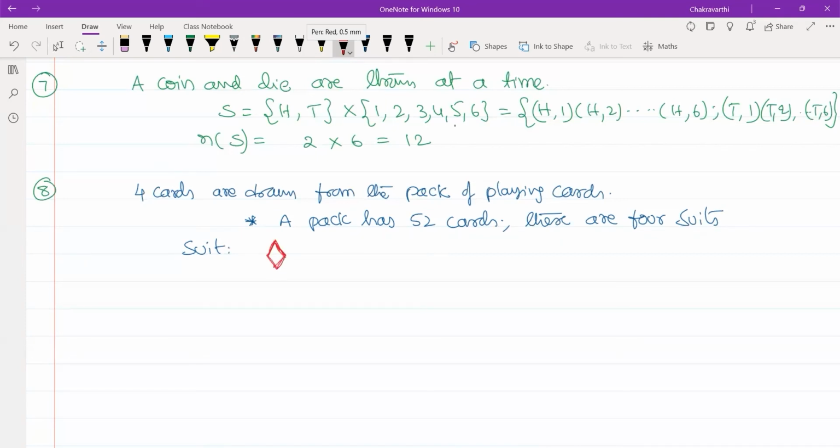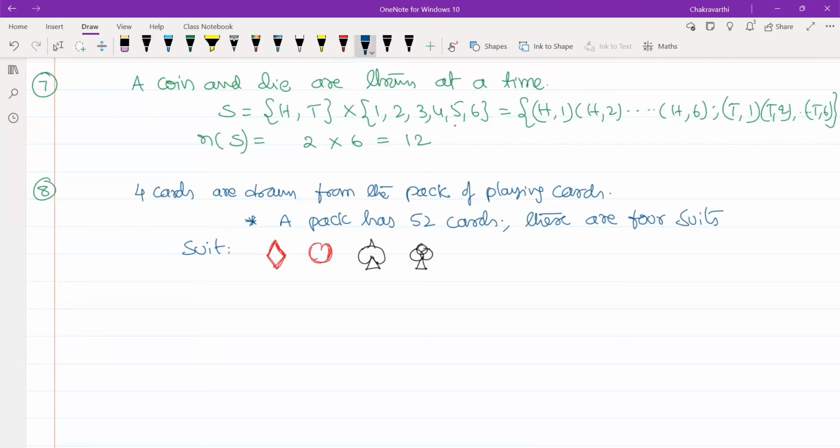Diamond is a suit. Heart is a suit. Spade is a suit. Club is a suit.